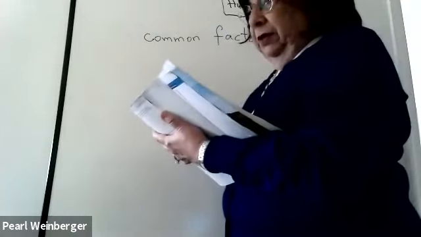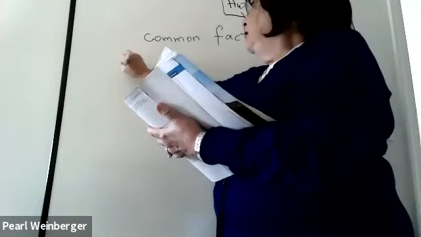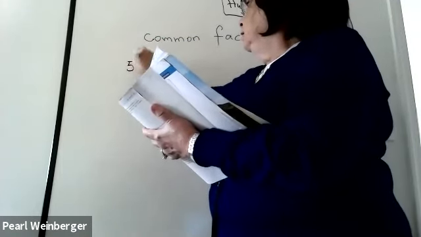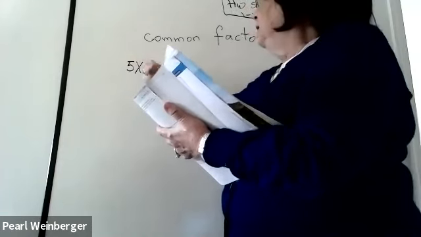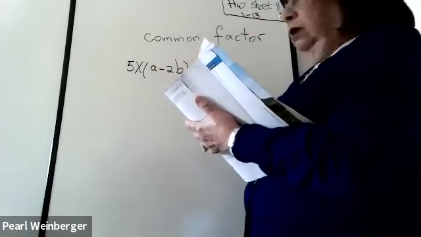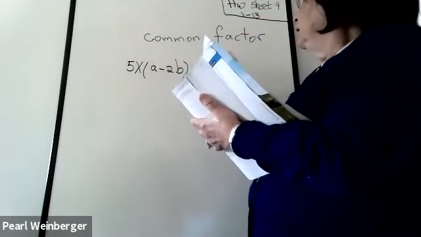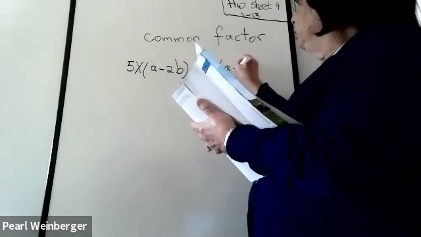I could have something that looks like this: 5x times a minus 2b minus 3y times a minus 2b.